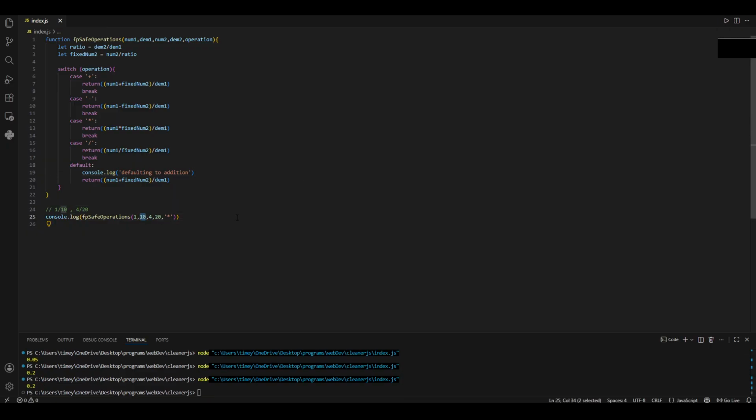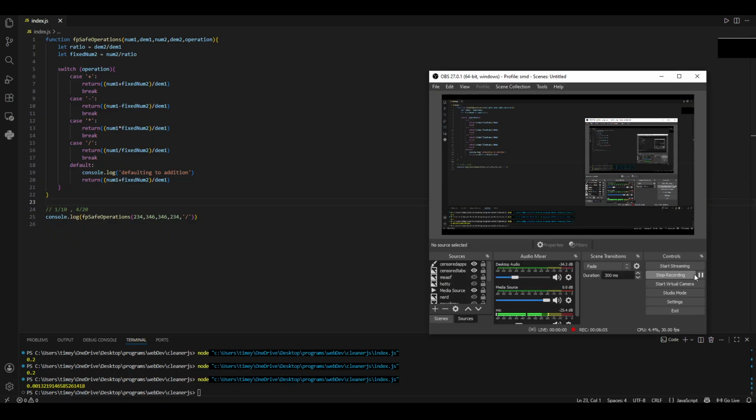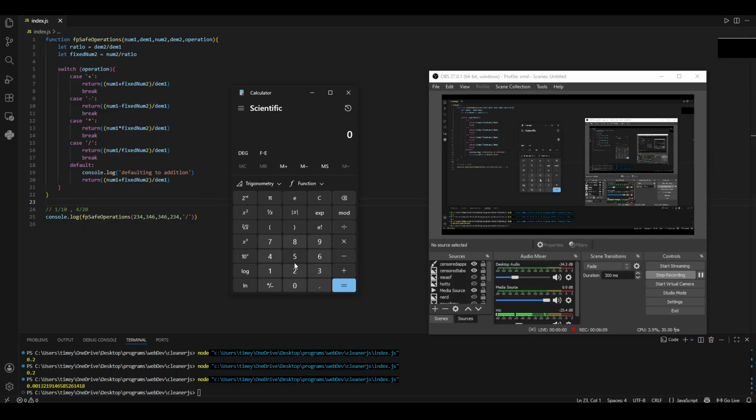Let's do some really complex fractions. Let's divide that. That's probably irrational. Let's test it out. So let's do 234 divided by 346, divided by 346, 234.